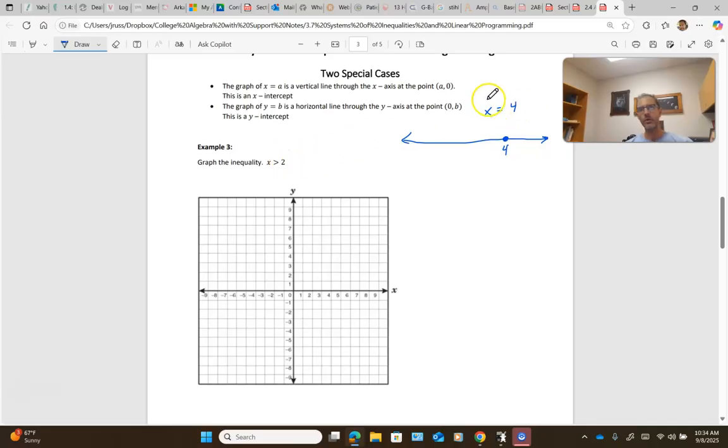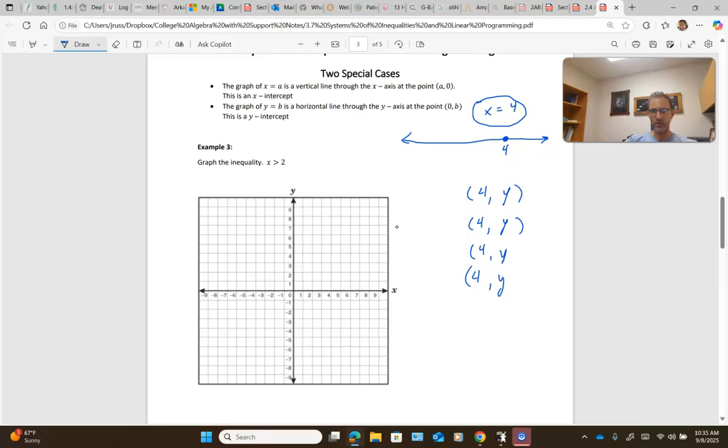But what if we want to graph this equation, x equals 4, on a two-dimensional coordinate system? Well, then what you're doing is you're plotting every single point that has an x coordinate of 4, okay? And there would be all kinds of those, right? But they would all have different y coordinates.